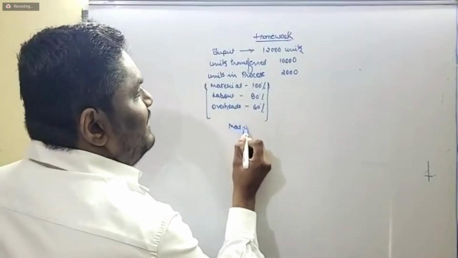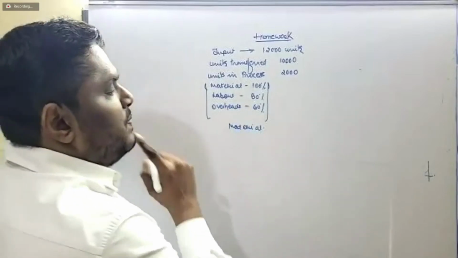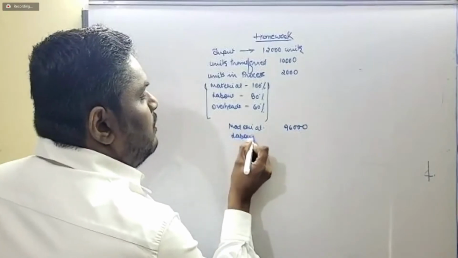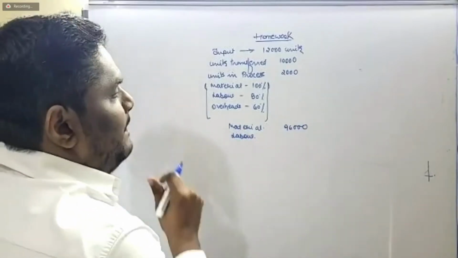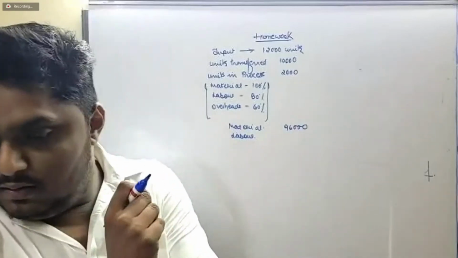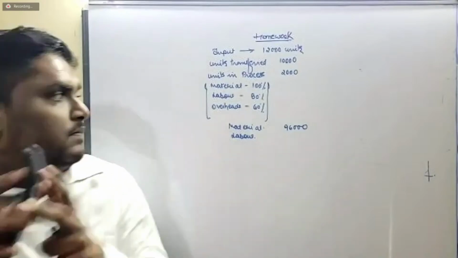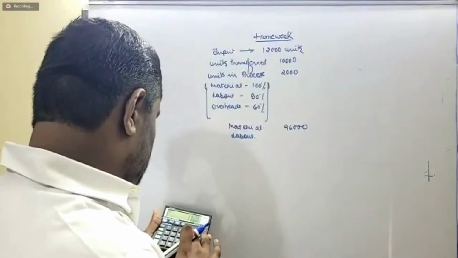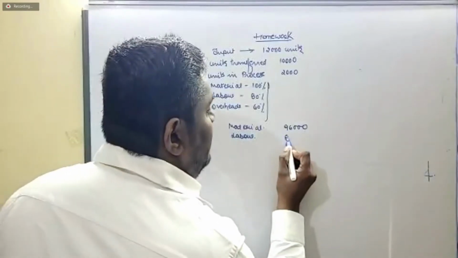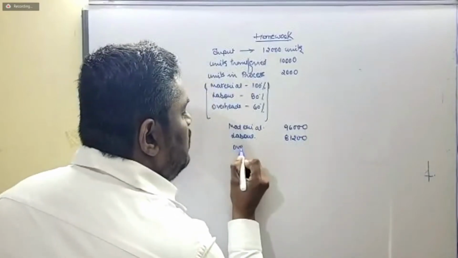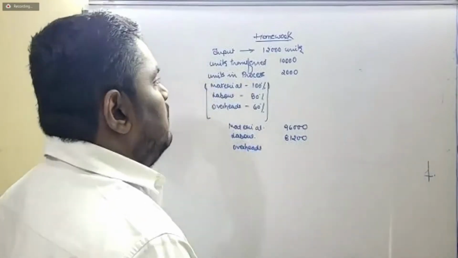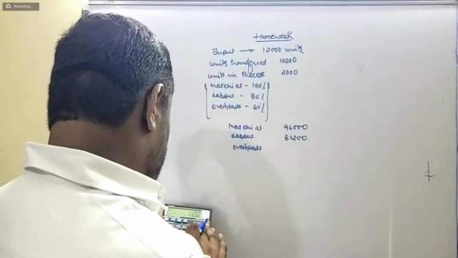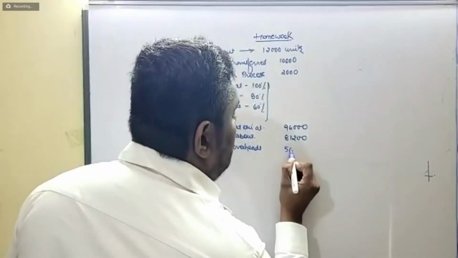The cost of material is given, that is 96,000. The cost of labor is, let's say, 81,200, and let's say the cost of overheads is 56,000.